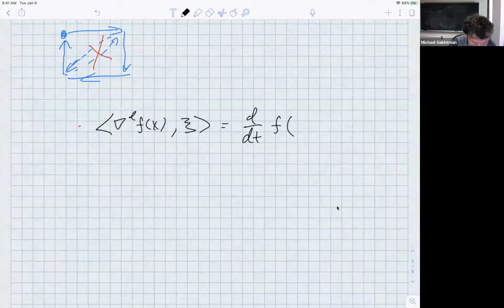I'm liable to confuse the order of multiplication, but I hope you will forgive me. So that's the definition of the left gradient, and the right gradient is the opposite direction. Okay.